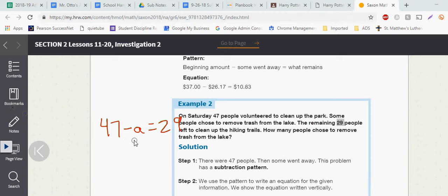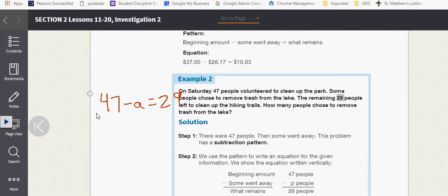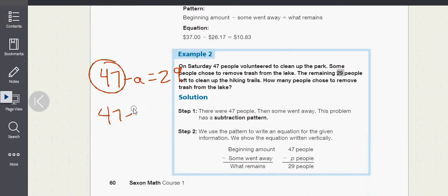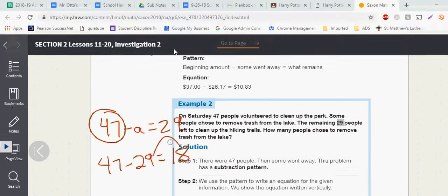So how do we solve? You take the beginning amount minus the known difference. And that should actually give us, as we know from unknown problems, the unknown. Missing P for people, this will come out to 18, and you can check by adding your 18 back to 29 on your calculator. It should give you 47. Means we did it right.